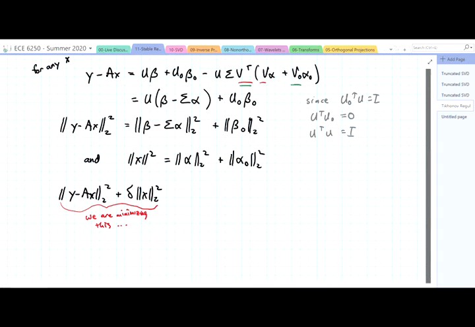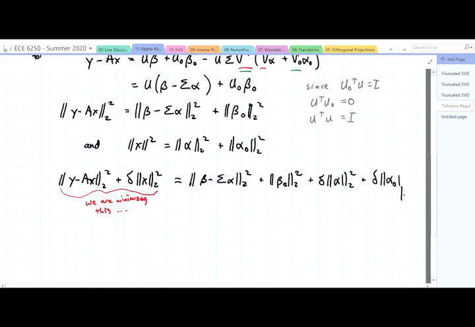From up above, that's just equal to beta minus sigma alpha squared plus beta naught squared plus delta times alpha squared plus delta times alpha naught squared.